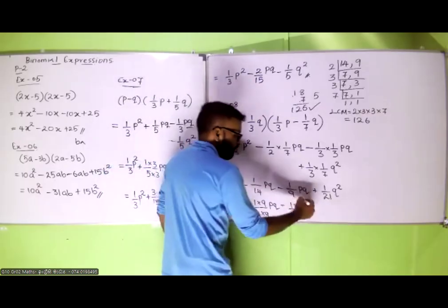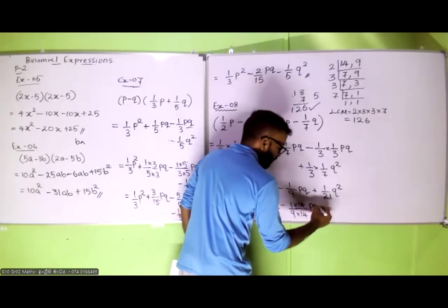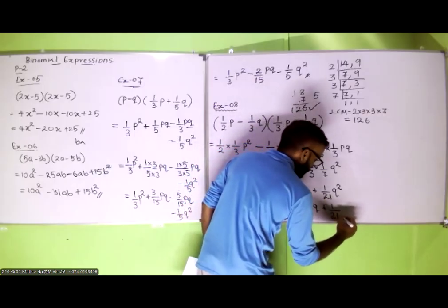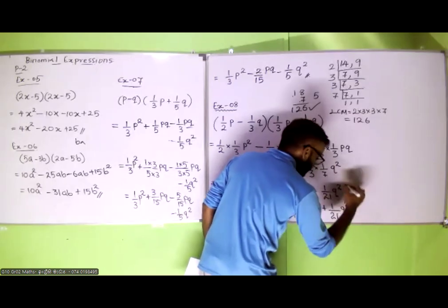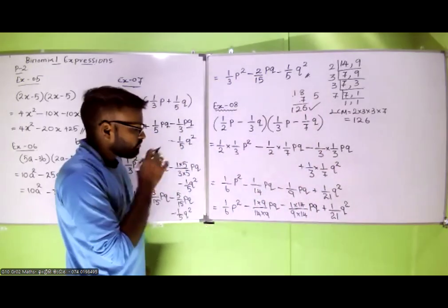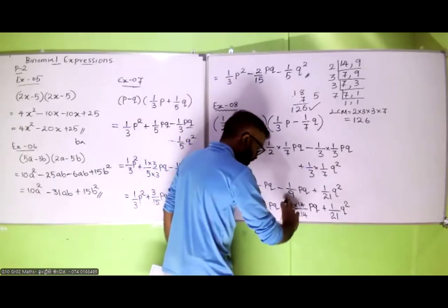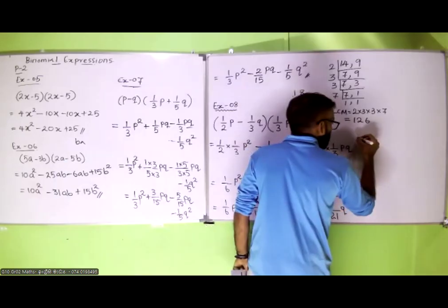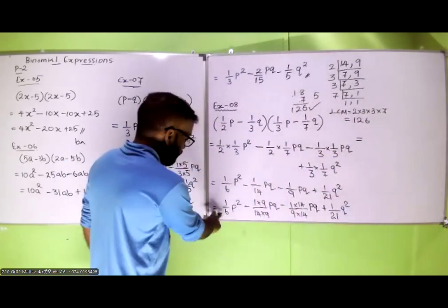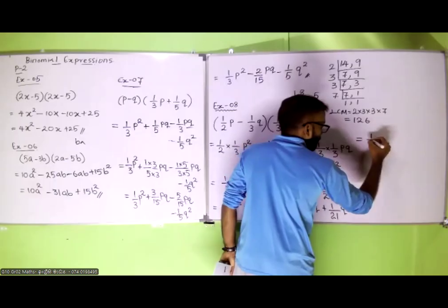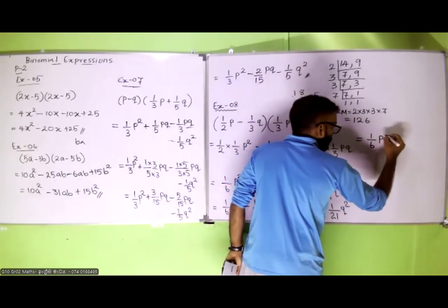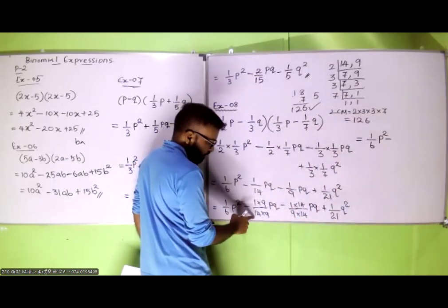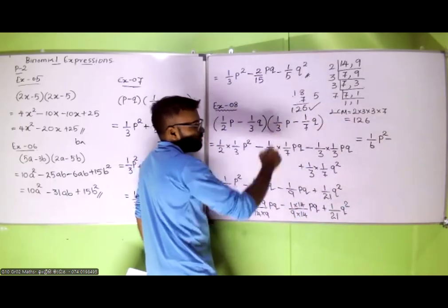Right. So again you have here pq plus 1 upon 21 q square, right? Now again you have the same thing and you can do it. So I will begin from here. Equal mark 1 upon 6 p square minus 9 over 14 into 9 means 126.